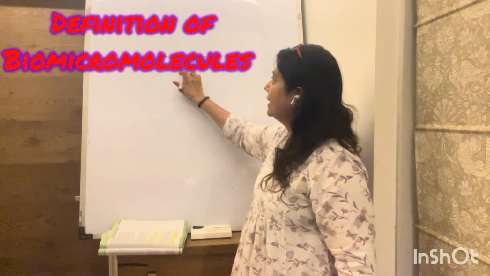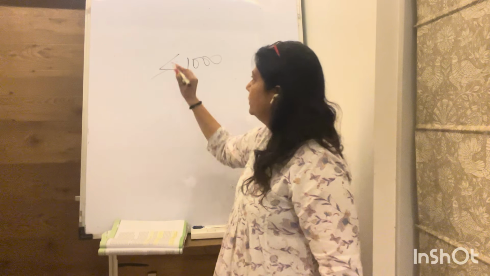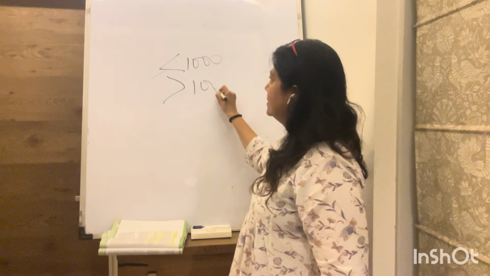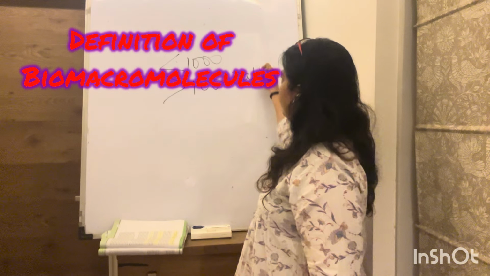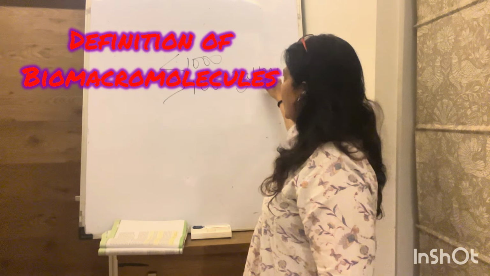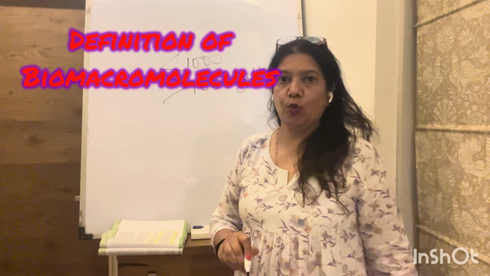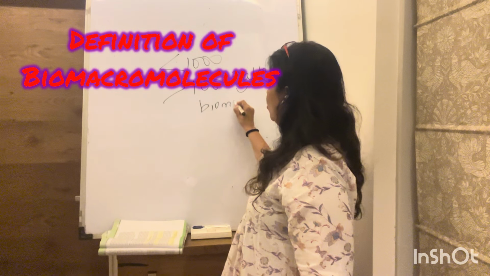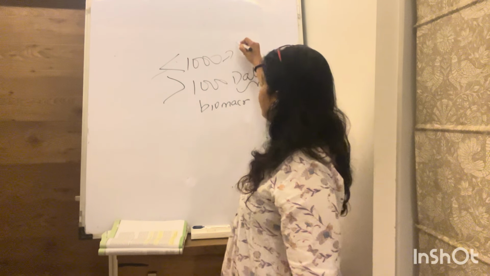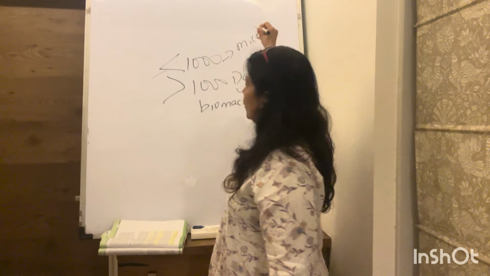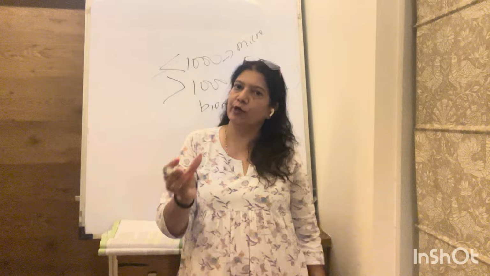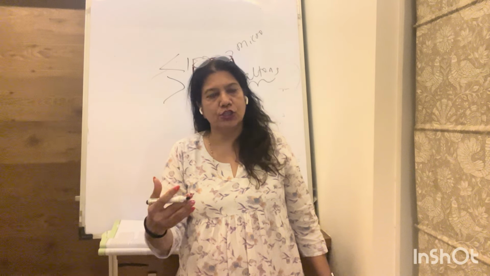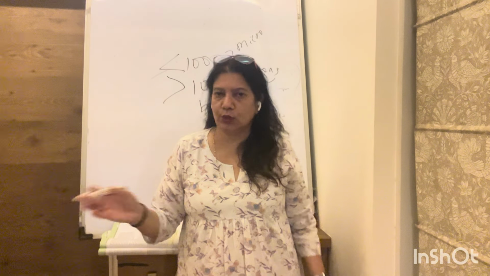And those that are greater than 1000 Daltons, which is a measure of weight, are referred to as biomacromolecules. Macro means big. So smaller molecules found in biological systems are called biomicromolecules. Larger molecules found in biological systems are called biomacromolecules. Simple? Okay.